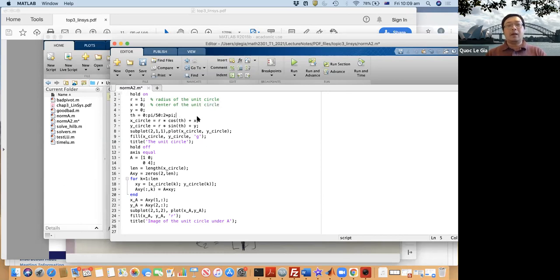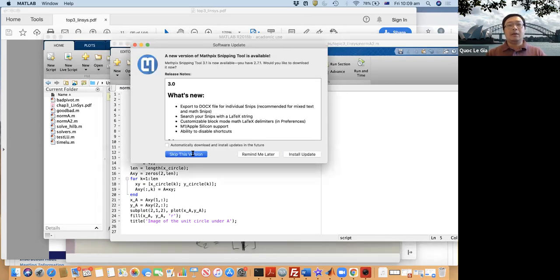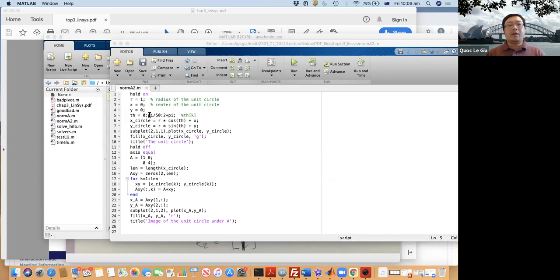And this one is just the parameterization. This one is theta, and theta k is just a vector, you see, right? Start from 0, stop at 2 pi, right? And the step is pi over 50. So you can imagine, you just cut the interval 0 to 2 pi into equally spaced points, and the step is pi over 50.